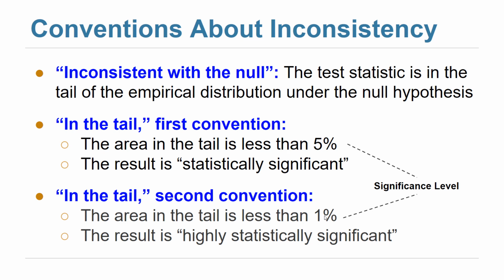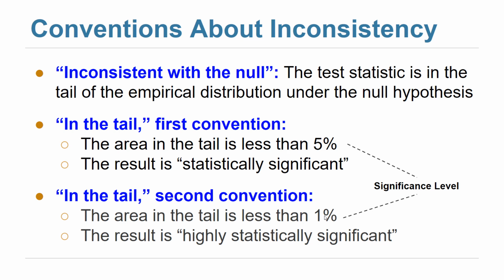So that's the cutoff value that I will compare with. As we said, these are two conventions. You can have your own convention, maybe 6%, maybe 7%. Okay, but in all cases, when you do the test, you have to report the observed statistic value, and you have to report the p-value.